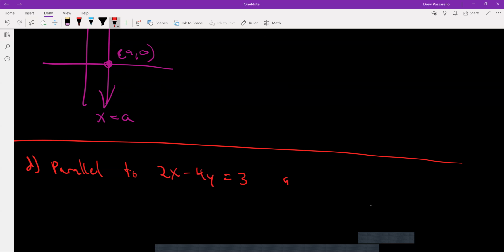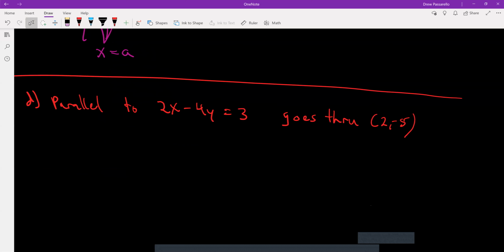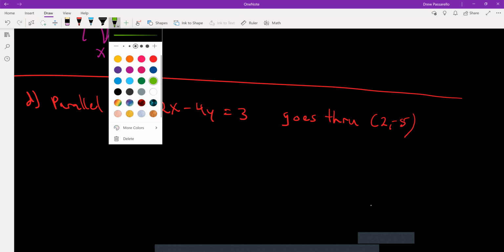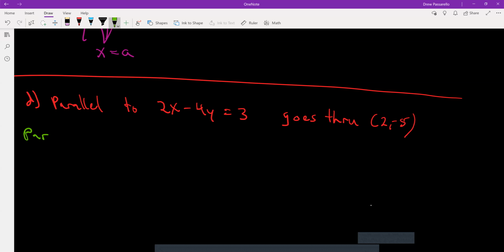And again, goes through our point (2, -5). So in order to be parallel to this given line, we know that parallel lines have the same slope but different y-intercepts.